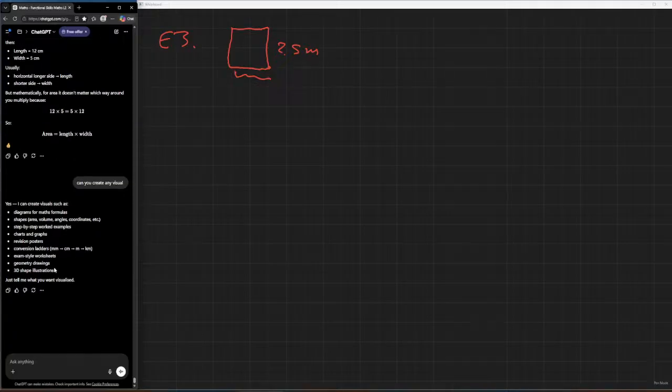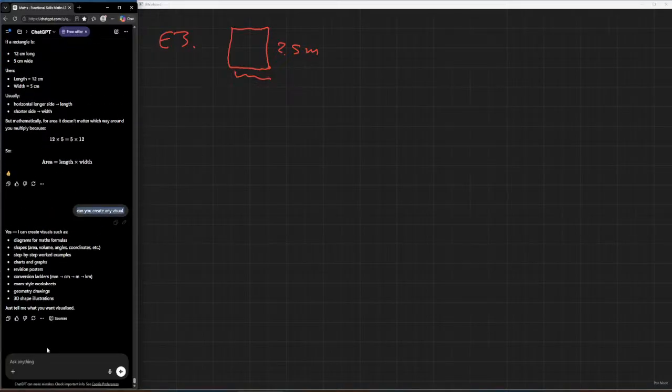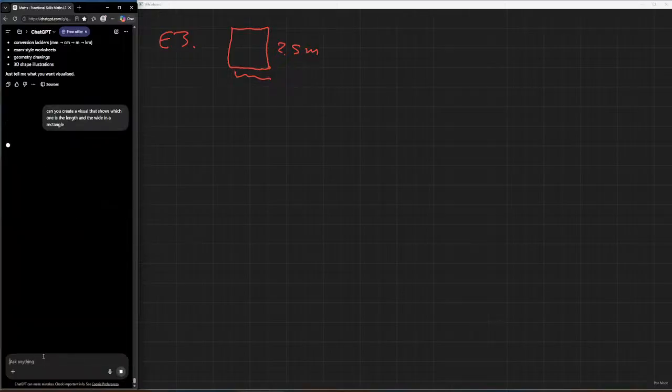Can you create a visual that shows which one is the length and the width in a rectangle?